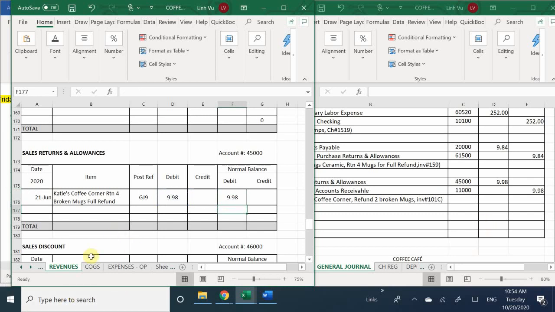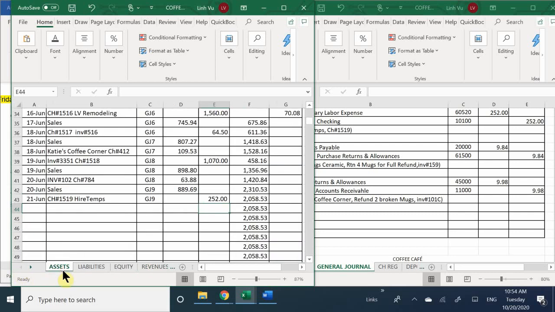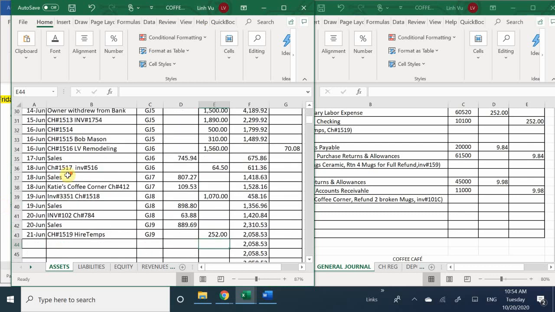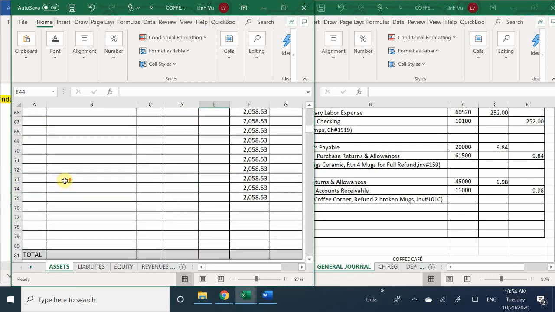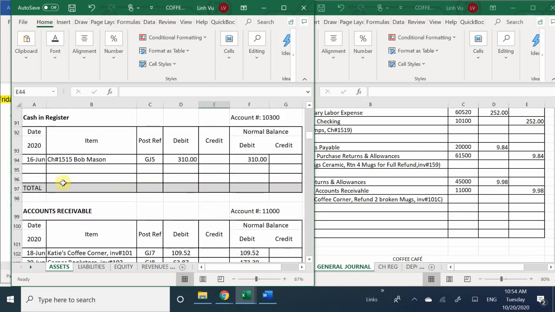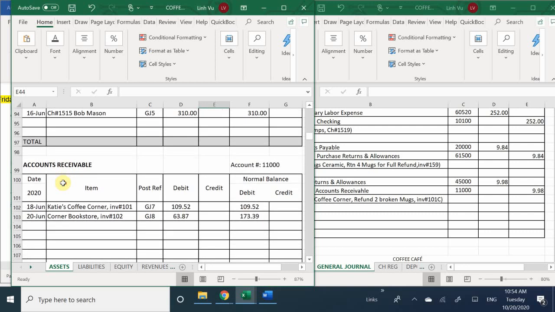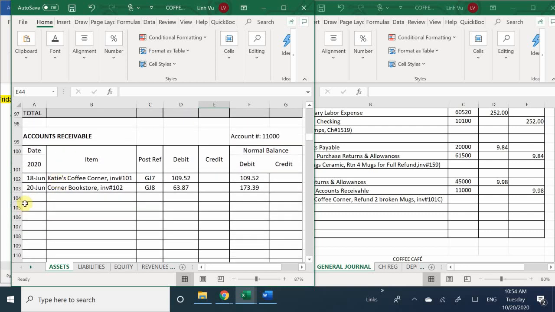Okay. And then we need to go to our assets because we're reducing our accounts receivable. So accounts receivable right here.